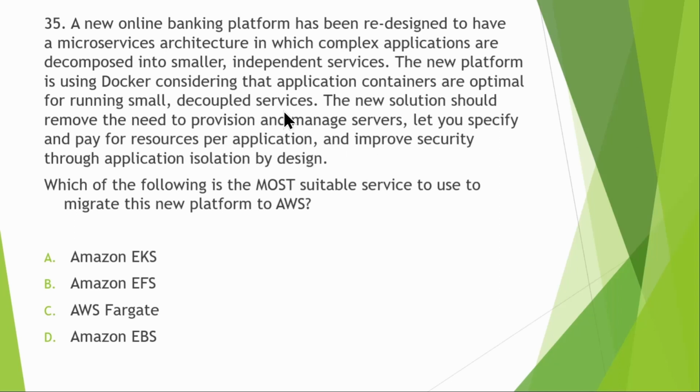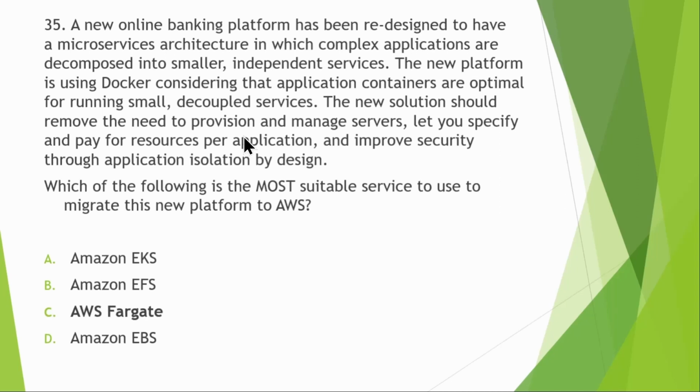If you have read about Fargate, you should know this. So Fargate is the correct answer here. And EBS is not correct because it is primarily used to provide persistent block storage volumes for use with EC2 instances in the cloud. So Fargate is the correct answer.